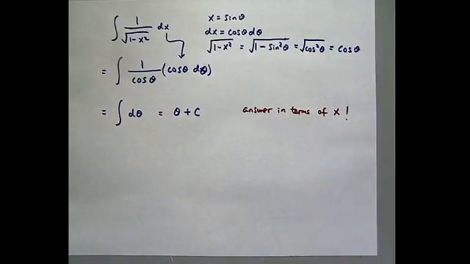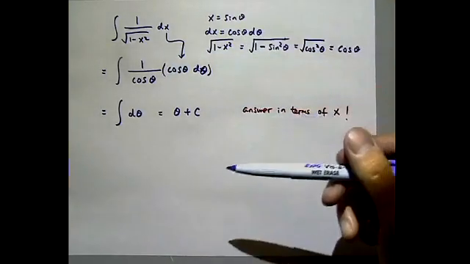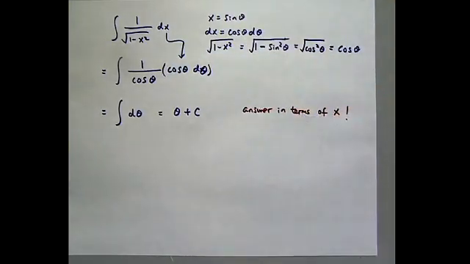We don't want the answer in terms of theta. It's just like when you do u substitution, we don't stop with the answer in u. We go back to x. Same thing here. We substituted theta in, we integrated in theta. Now we got to go back to x.